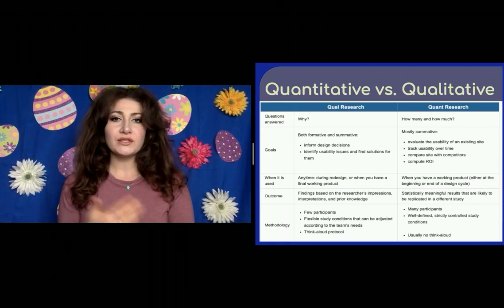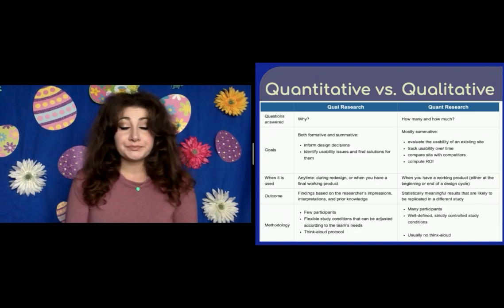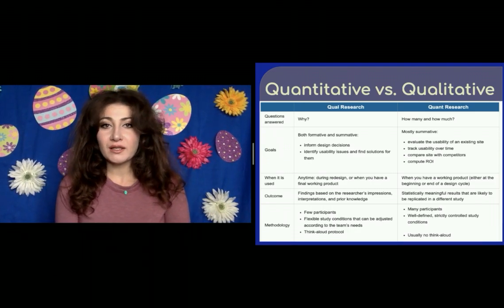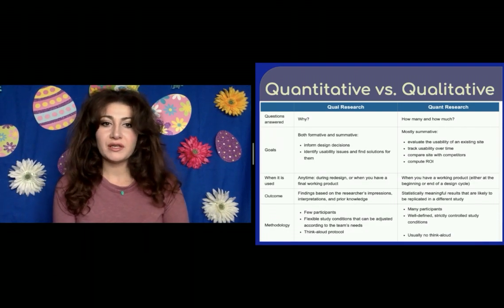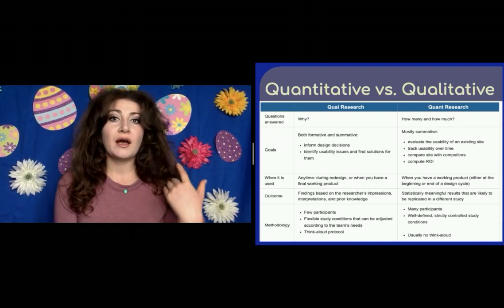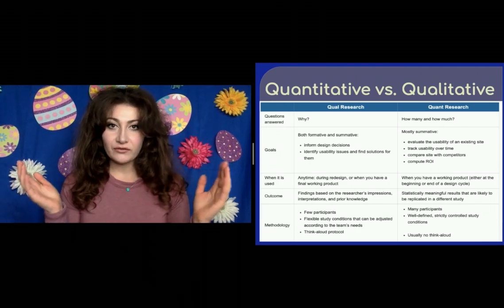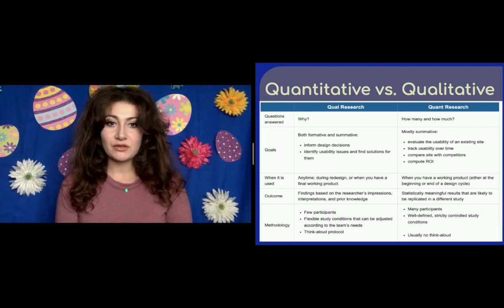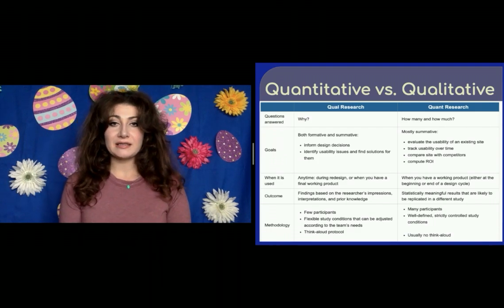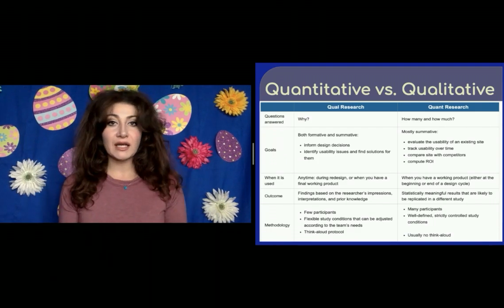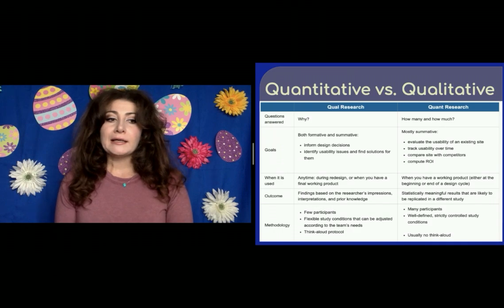So when do we use qual and when do we use quant? Well, generally, qualitative research can be conducted anytime, before the design, during redesign, or even when you have the final version of the product that you want to test and make sure that everything's going smoothly. For quantitative research, you typically use that when you have some sort of a working product, and that's typically at the beginning of a cycle or at the end of a design cycle.